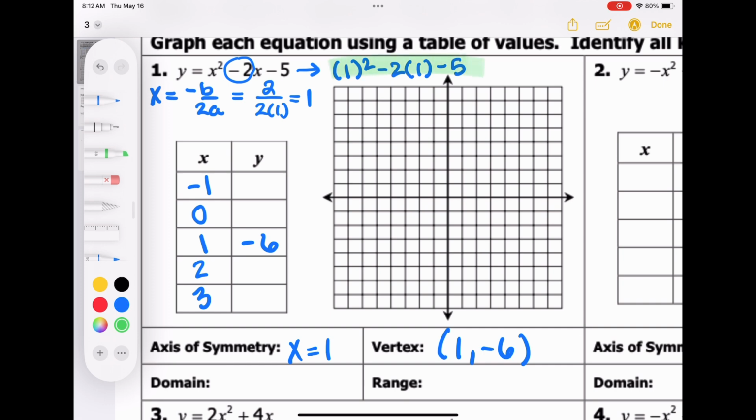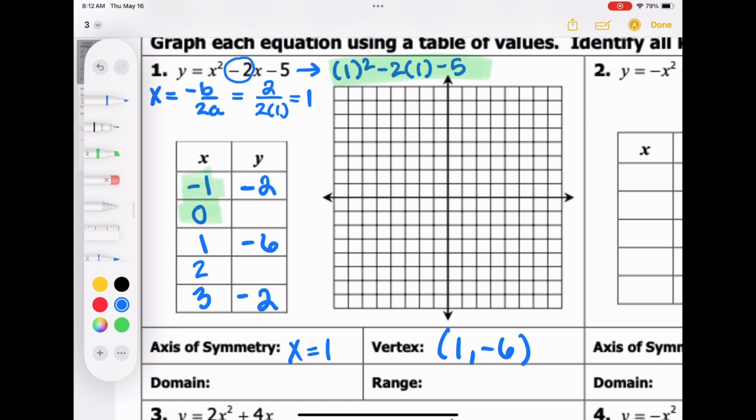Now, just like we did before, I'm going to plug in my x values just like we did on that highlighted green equation up there, and that's going to give me my y values. So when I type a negative 1 in, I should get negative 2.